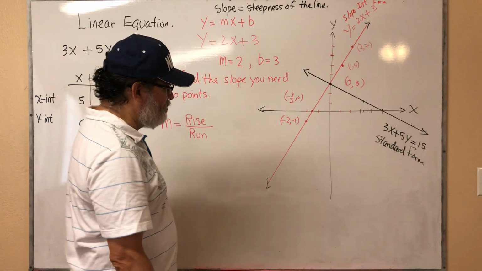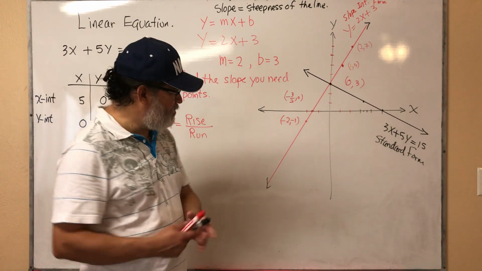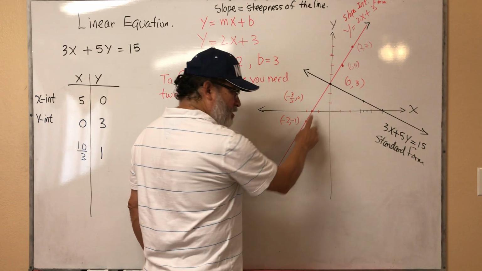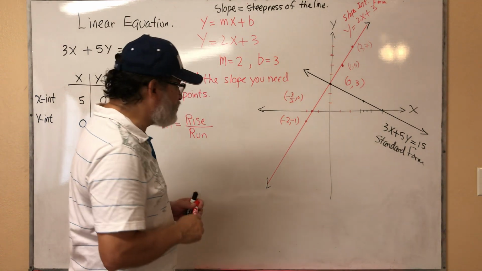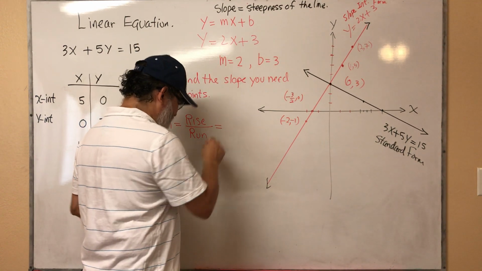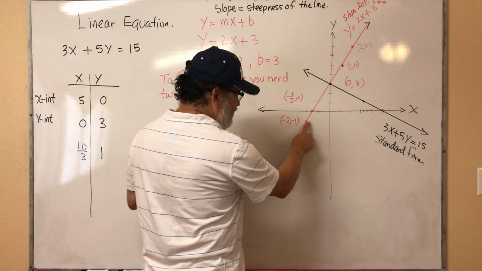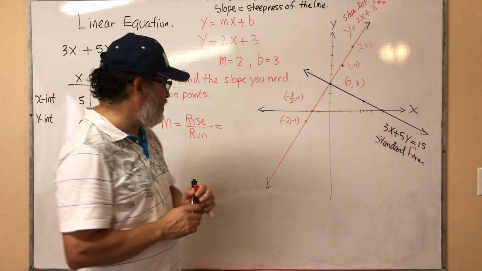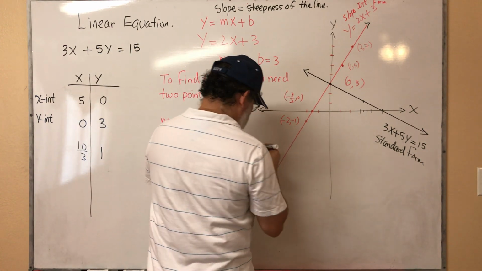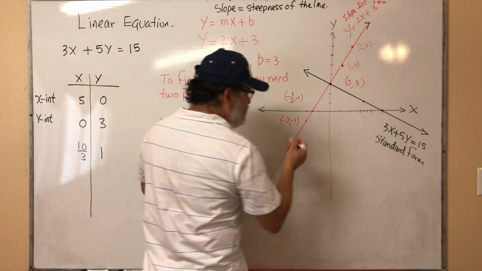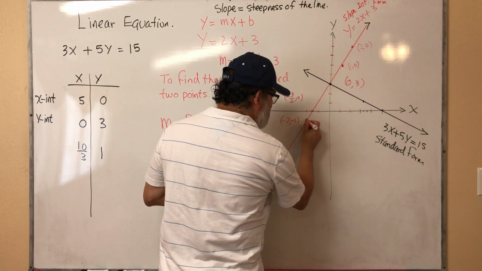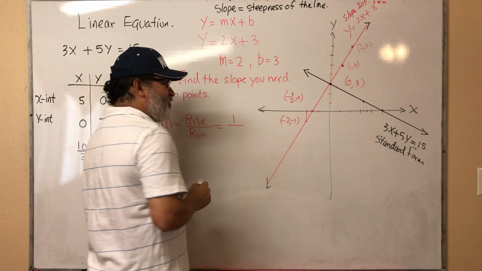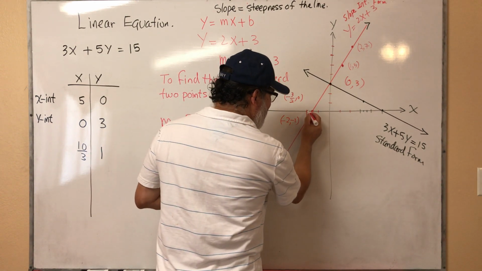Watch this. Which point do you wanna pick? Do you wanna pick this one and that one? Okay, watch this. If you want to pick this point and that point, let's rise and let's run. And what's the rise? That's 1 unit. And what's the run?